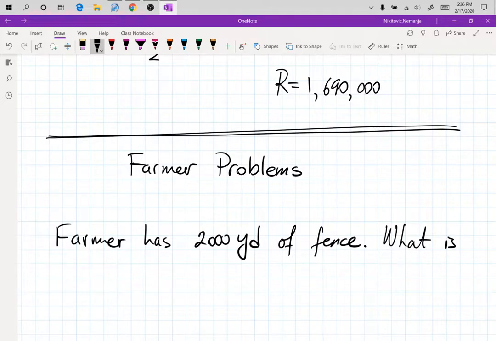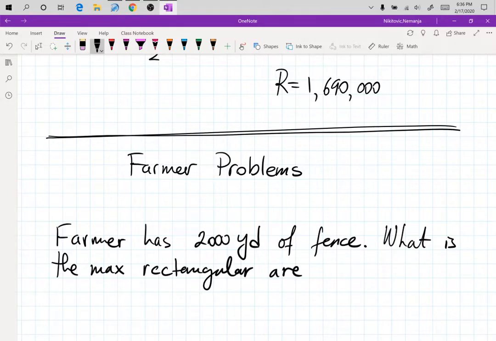What is the max area? What is the max rectangular area, because it could be a triangle, or maybe the farmer is going to just put the fence in a circle and make a huge circle, right?